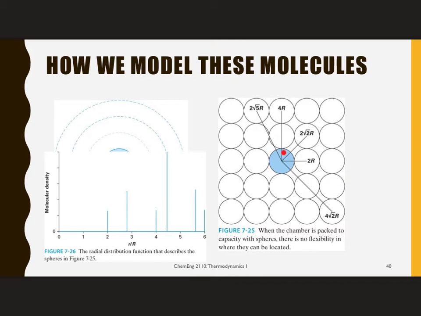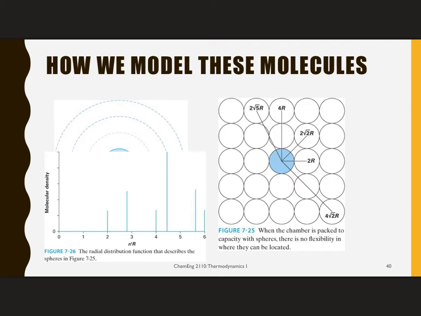distances. So if we have this molecule here, some molecules are 2r away, meaning that from the radius to the radius of the other one, there are 2 radius lengths, or a diameter, okay, between the center of this molecule and the center of this one. But for this molecule, it's 2 times the square root of 2r.